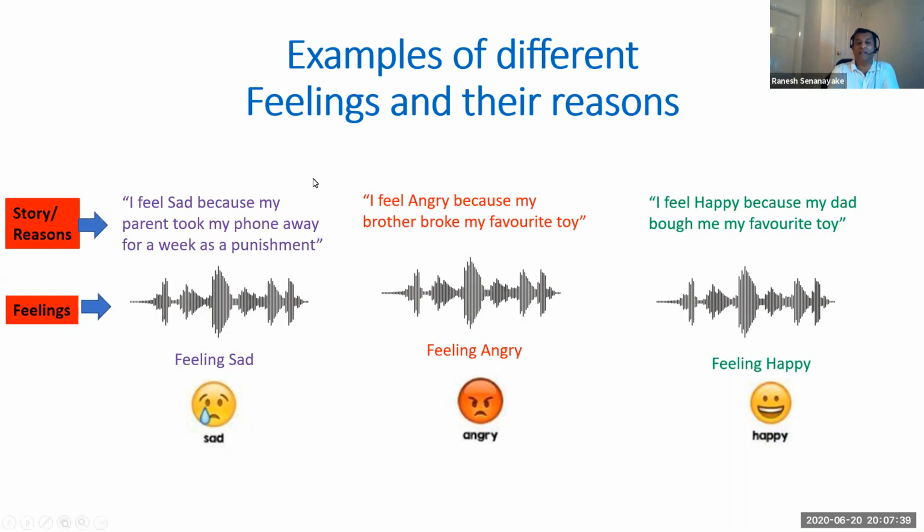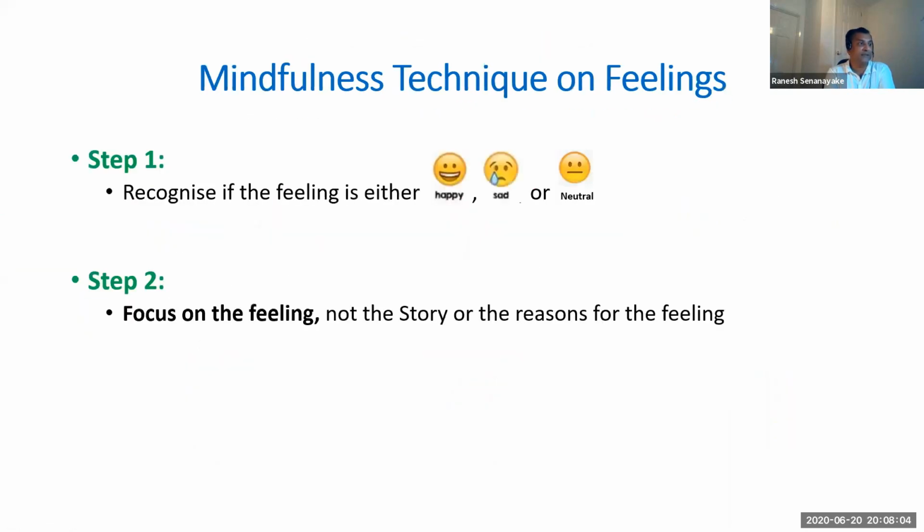We can label this as a story, reason or meaning. Whatever meaning we give it determines how long and how strong or weak the feeling is. Hopefully you understand the difference between the feeling and the story in this slide. Then we go to the next slide.